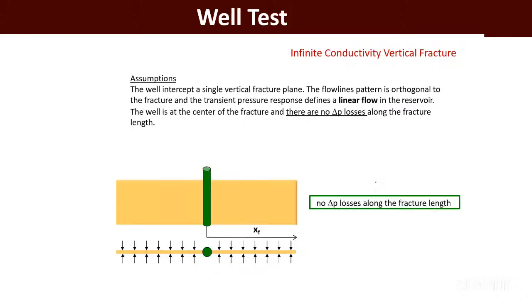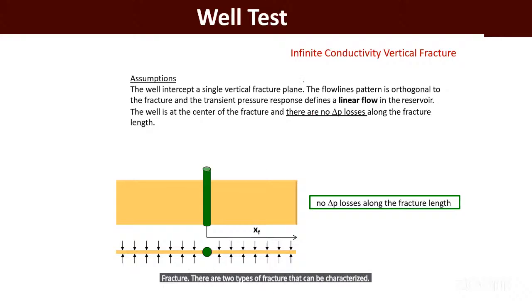Also, if I have a fracture, there are two models for the fractures. If I need to evaluate post a hydraulic fracture job, there are two types of fracture that can be characterized.